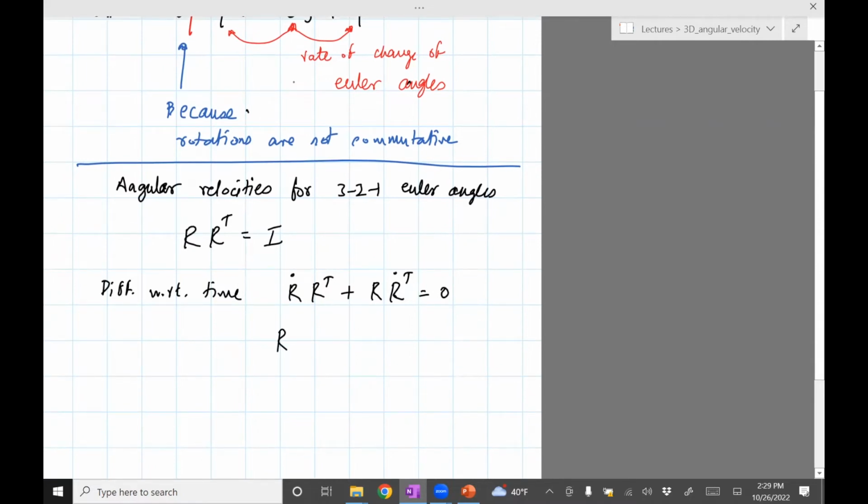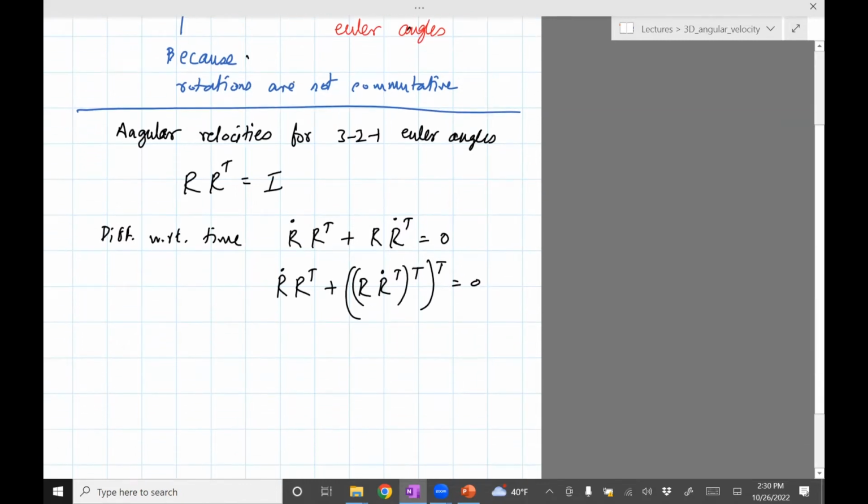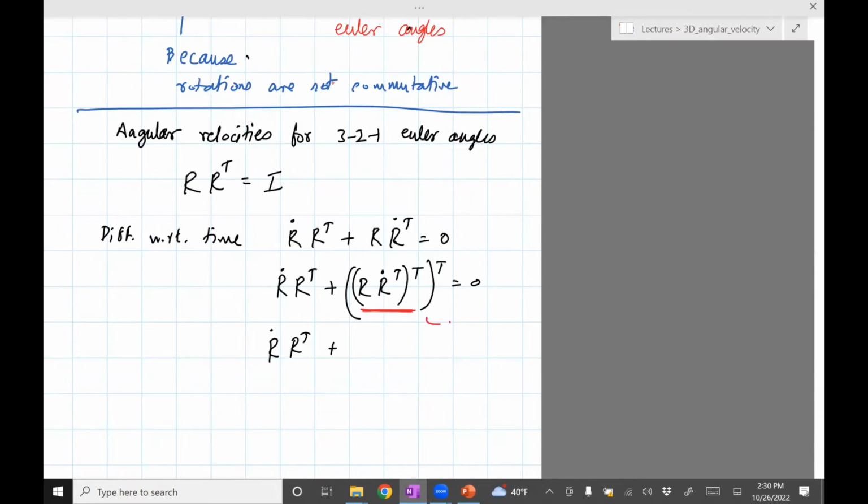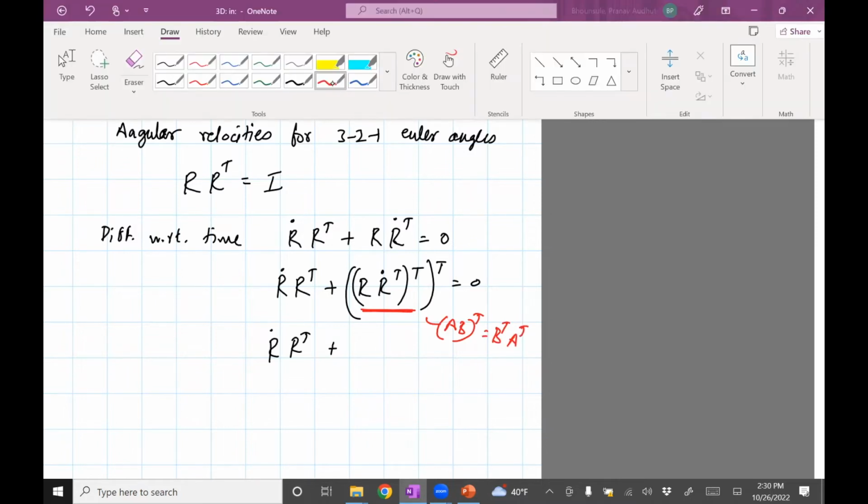Okay, so now I'm going to do some manipulation. I'm going to write the transpose of transpose, so I'll have two transposes here, because if I take the transpose two times, I end up with the same matrix. And now I'm going to use the fact that AB transpose is the same as B transpose A transpose.